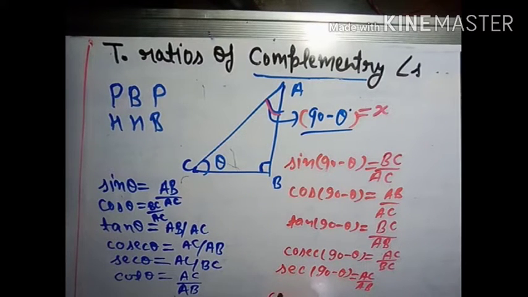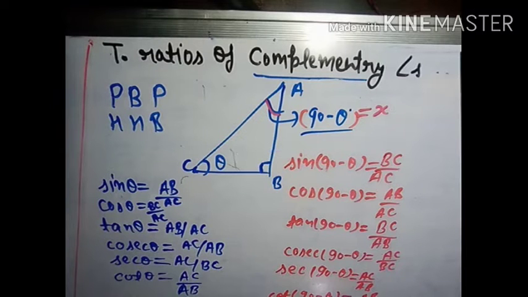The last one is cot 90 minus theta, reciprocal of this means AB by BC. So AB by BC.